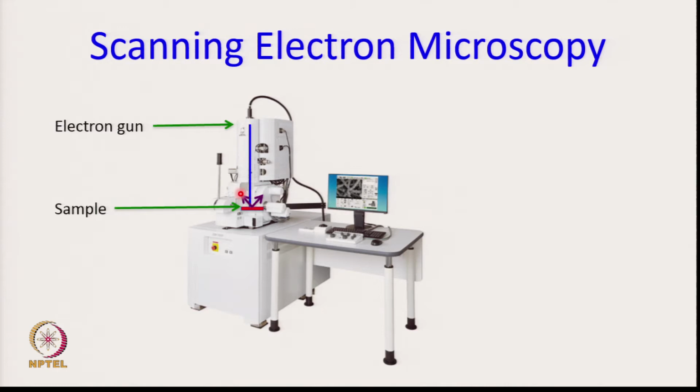As in the last technique, XPS, where an X-ray beam was falling on the sample and electrons were getting emitted, here an electron beam is falling on the sample and electrons are emitted. This electron beam is so powerful that it knocks out electrons from the sample.